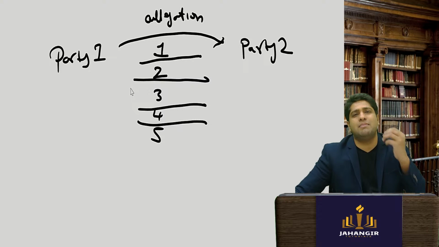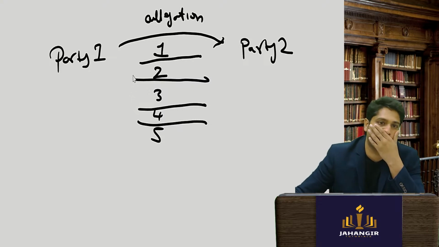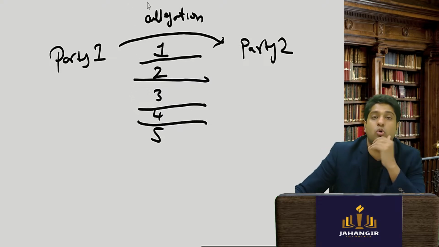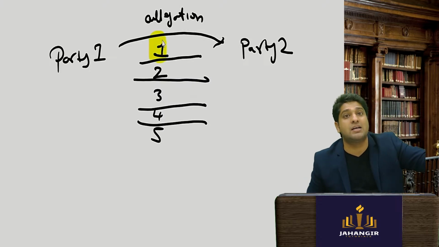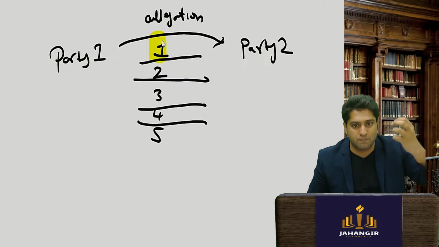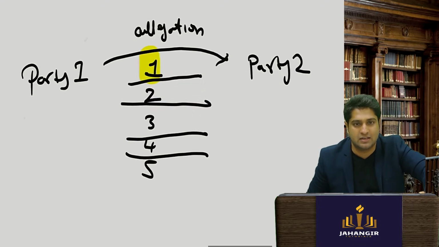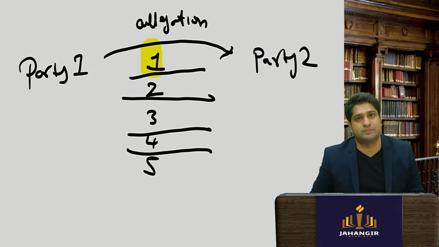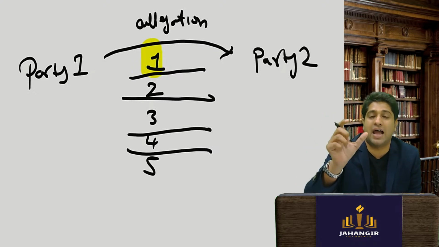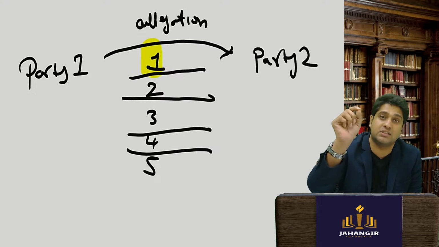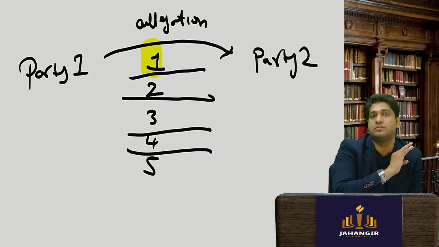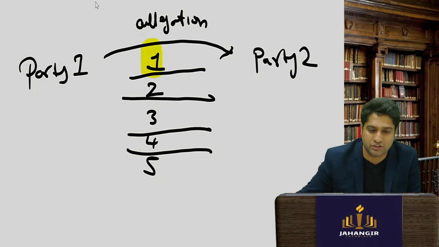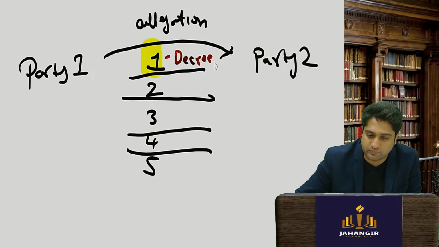Now 4, 5 matters are going on in one case. So the court will first decide the first matter. First they will say contention number 1. They call it point number 1, we will discuss, and we will ask both the parties. So point number 1, allegation number 1 will be first conclusively decided, and they will pass a decree.